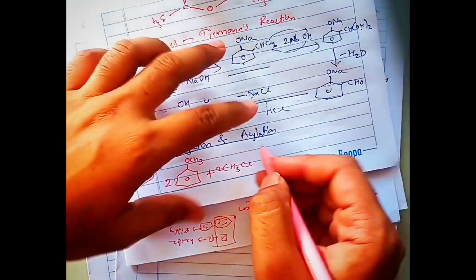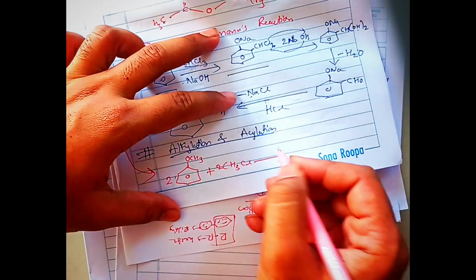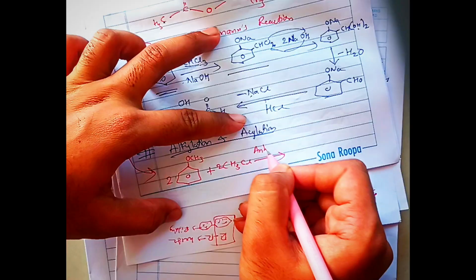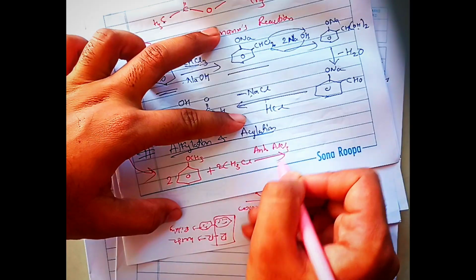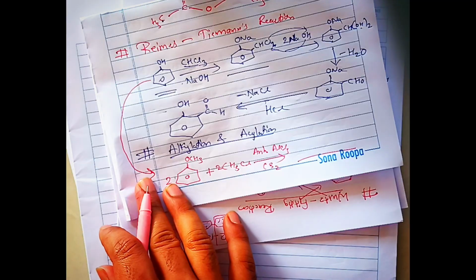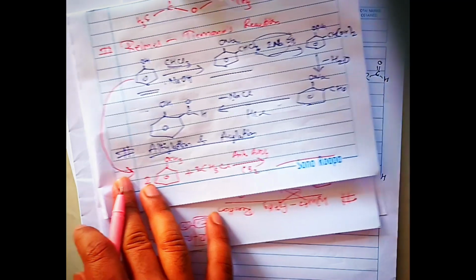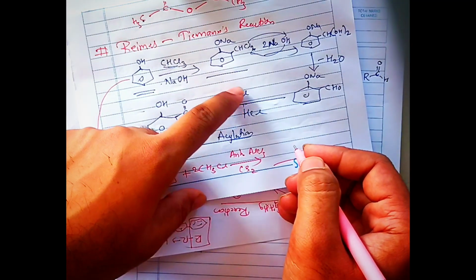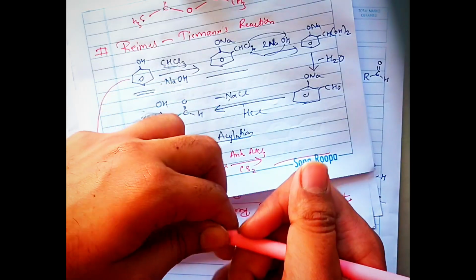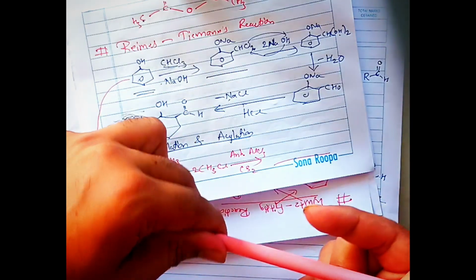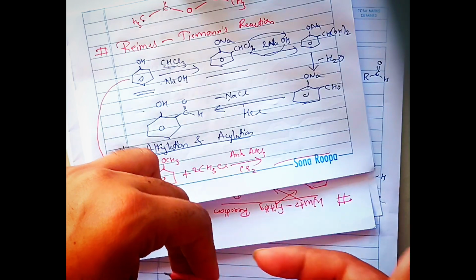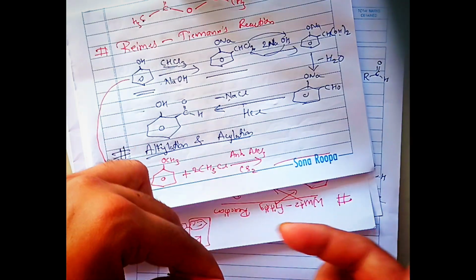Okay, then we already know that in alkylation or acylation we take anhydrous AlCl3 in presence of CS2, and we will get what? We will get the ortho and para, right? 4-methoxytoluene will be major, and 2-methoxytoluene will be what?